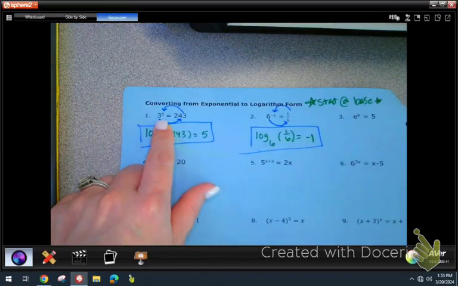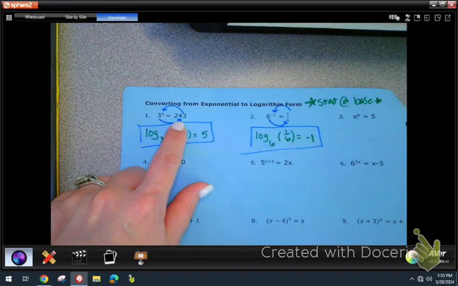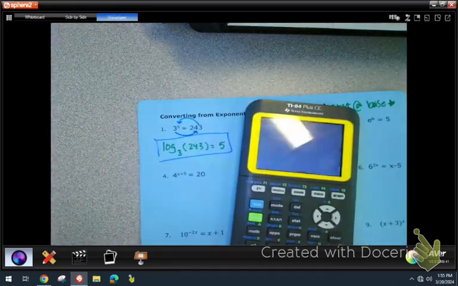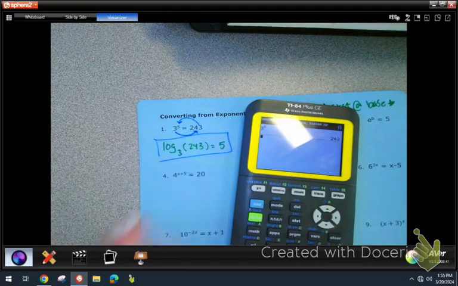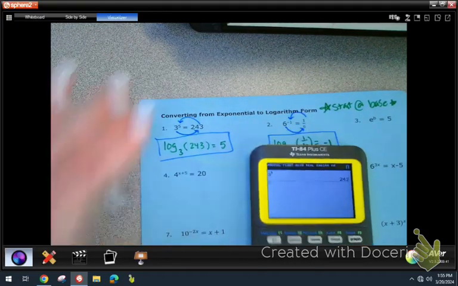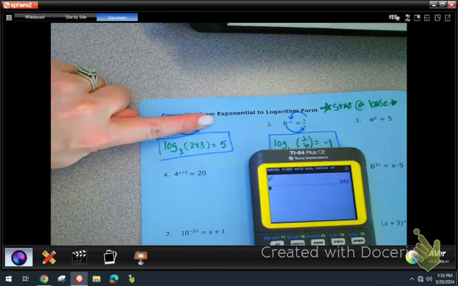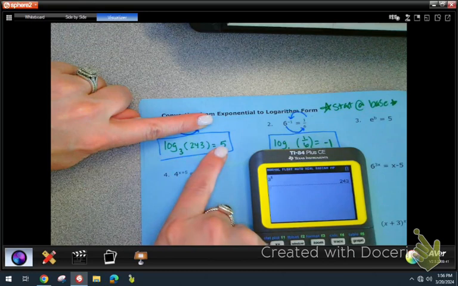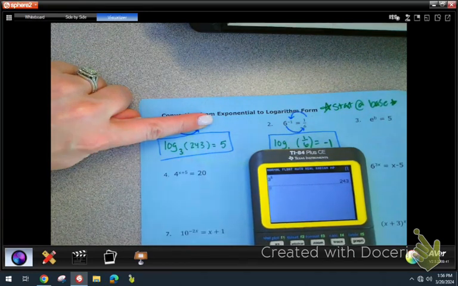Now, before you start doing the rest of these, look here. If you type 3 to the 5th power in your calculator, what are you going to get? I mean, what does it say on your paper? 3 to the 5th is 243. So if you started with this, some logs can be done in your head. You're figuring out, what do I have to raise this base to end up at 243? That's how those are working.